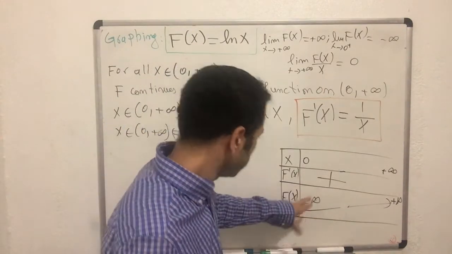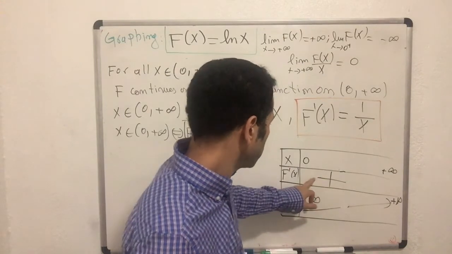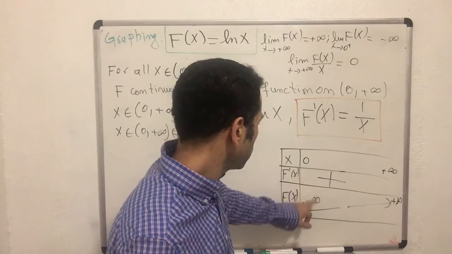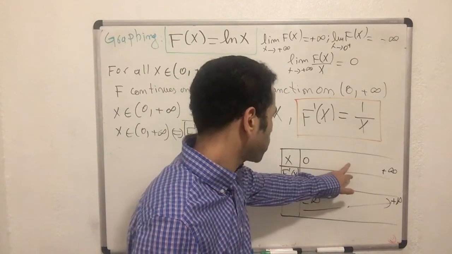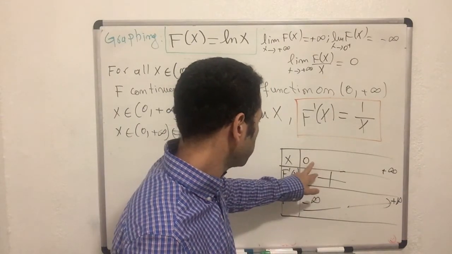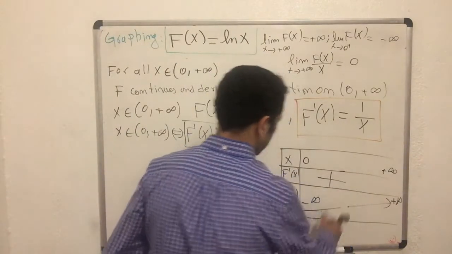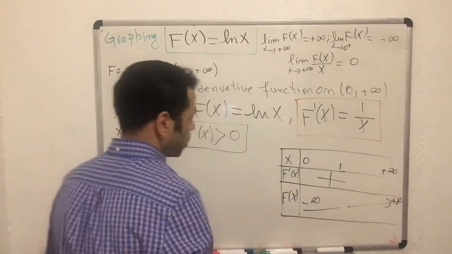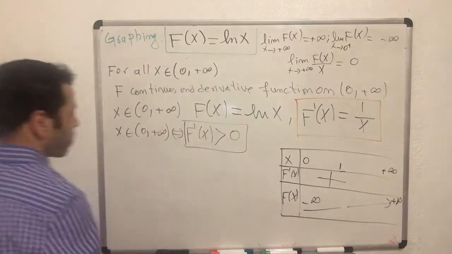But it doesn't mean f of x is a positive function just because f prime of x is positive. We still don't know on which interval f of x is positive or negative. So to determine that, let's calculate the image of the input point number 1, to see what the output of 1 is.